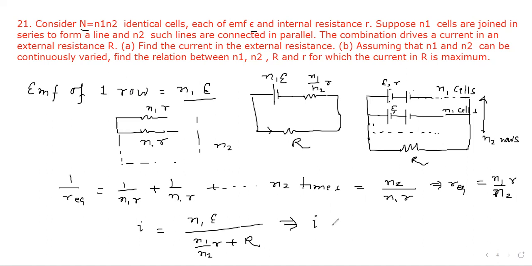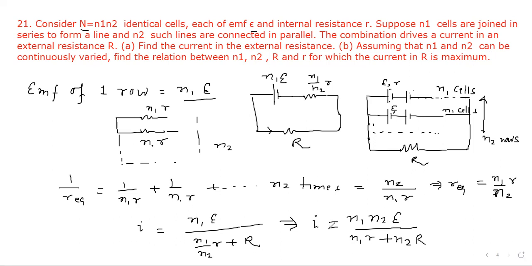So we will get I equal to N1 N2 epsilon divided by N1r plus N2 capital R. Now, the second condition is, assuming that N1 and N2 can be continuously varied, find the relation between N1, N2, r and R, for which the current in R is maximum.